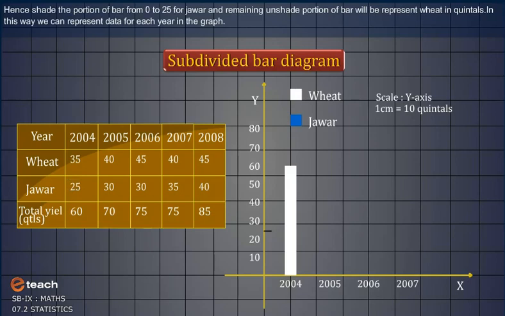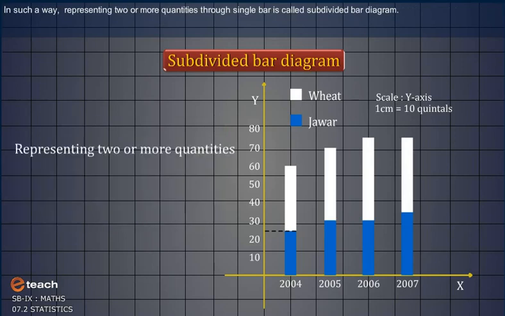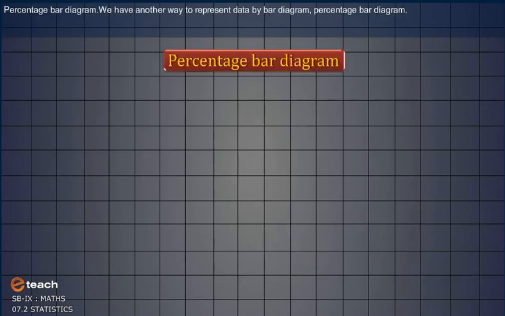Hence, shade the portion of the bar from 0 to 25 for jawar, and the remaining unshaded portion of the bar will represent wheat in quintals. In this way, we can represent data of each year in the graph. Representing 2 or more quantities through a single bar is called a subdivided bar diagram.